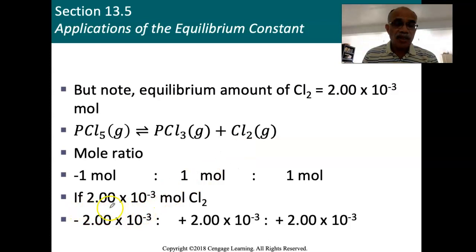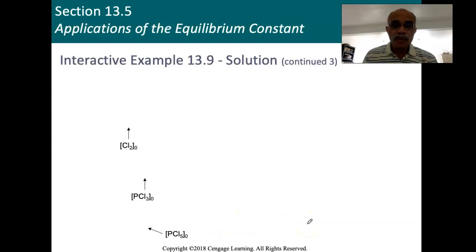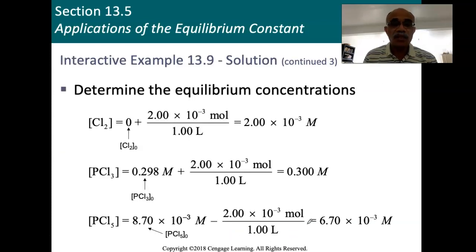So let's just apply the quantity that is given here. 2 times 10 to the power minus 3. So this will be minus 2 times 10 to the negative 3. This will be plus 2 times 10 to the negative 3, and plus 2 times 10 to the negative 3. And at equilibrium, notice now, we are setting up the expression for the equilibrium.